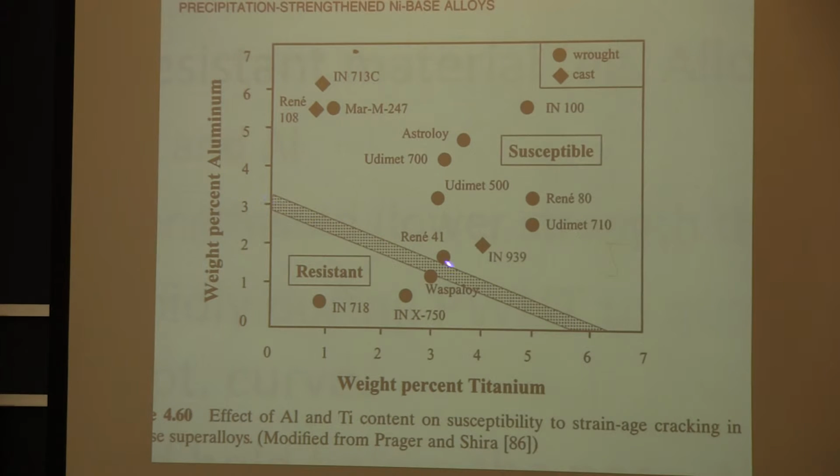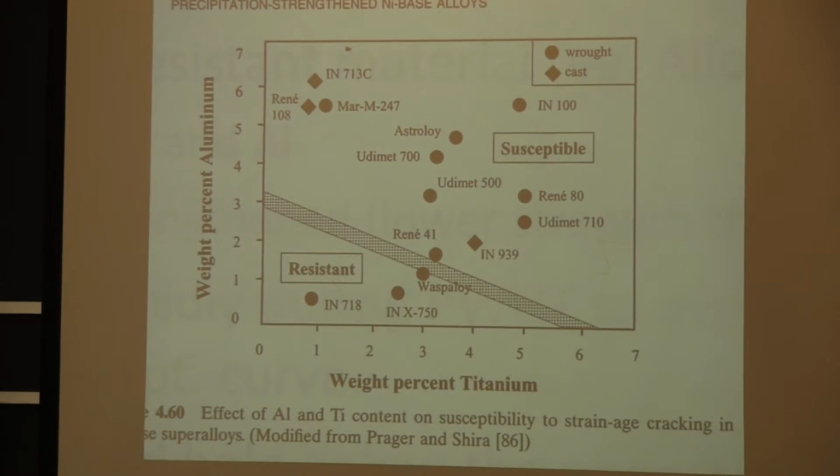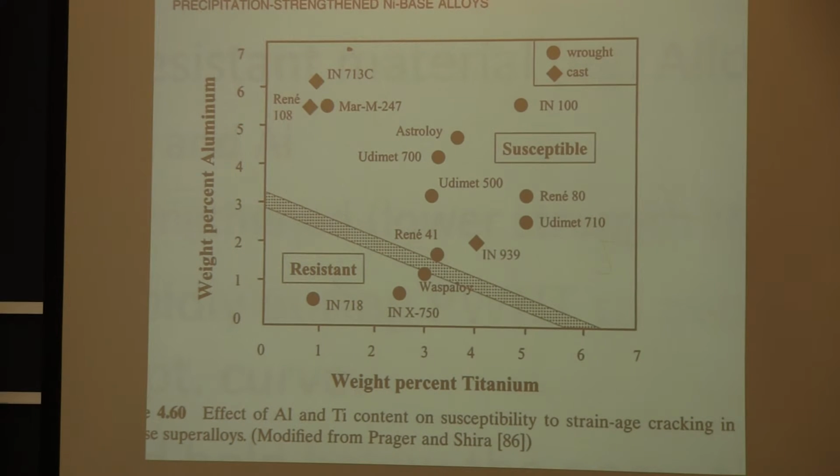This is kind of the boundary between resistant and susceptible. But by keeping your aluminum and your titanium low, thereby not forming the gamma prime, but forming the gamma double prime or some other strengthening precipitate, you can reduce the susceptibility to strain age cracking.